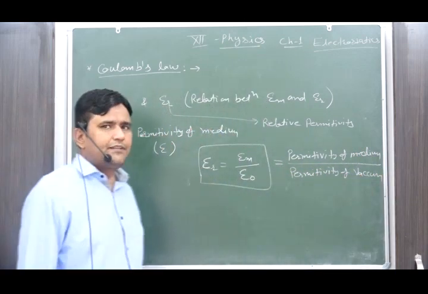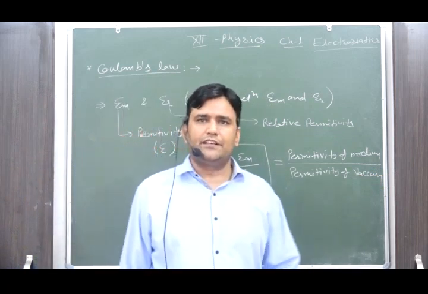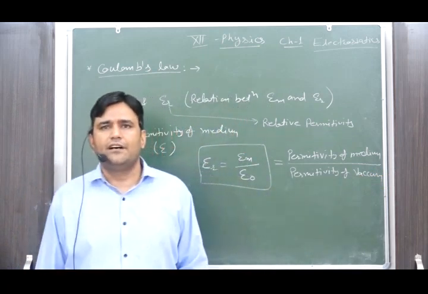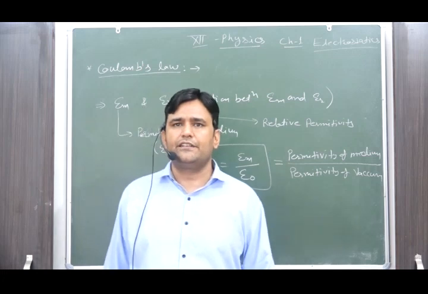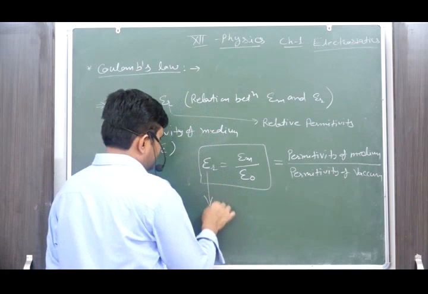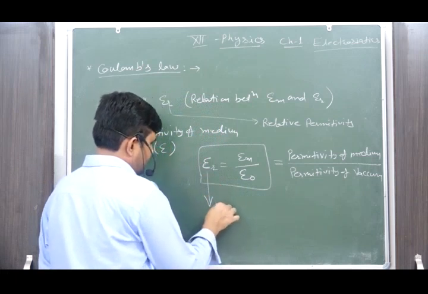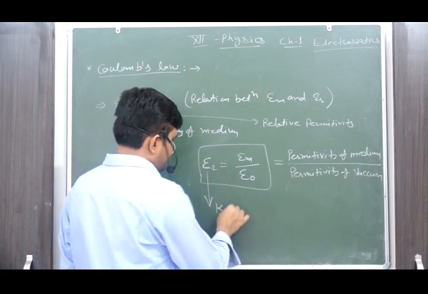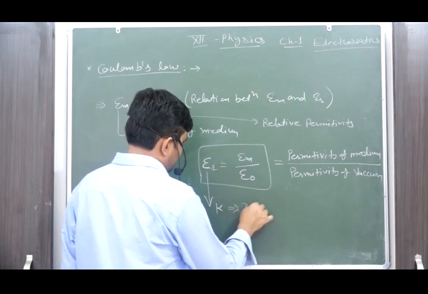Sometimes in last year's board examinations in RPSC, the question is to define the dielectric constant. Here this formulation epsilon r is also represented by K, and here K is the dielectric constant.